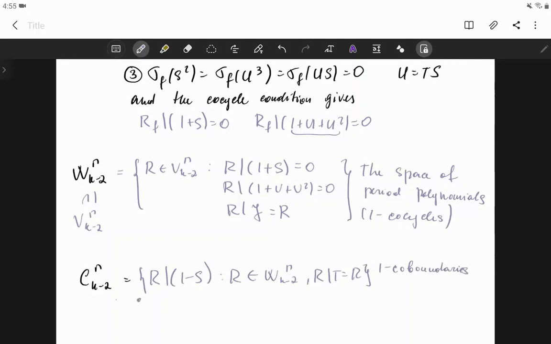A fun fact is that the dimension, maybe I'll write it here, the dimension of C sub k minus 2 gamma equals the dimension of the Eisenstein subspace.